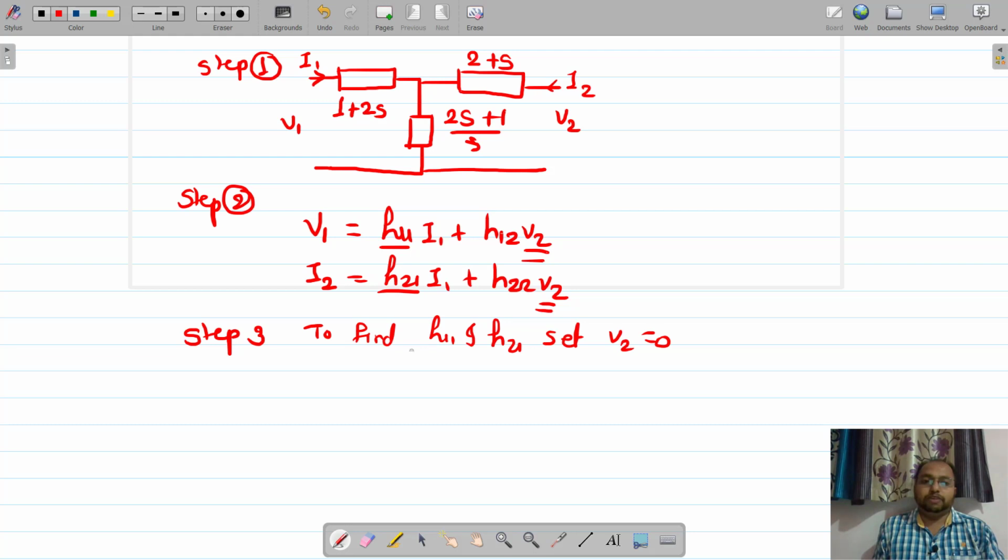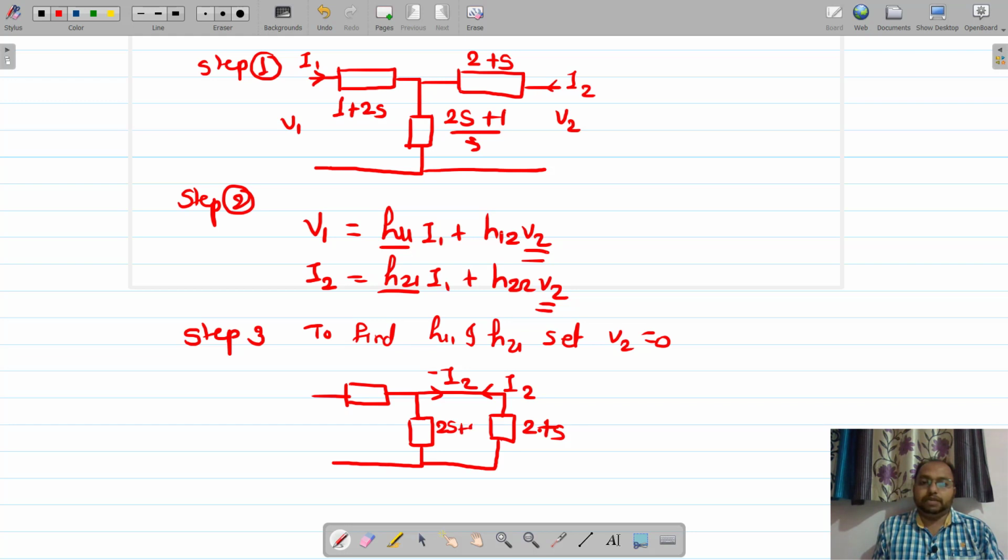The modified circuit diagram will be like this, after making a short circuit at port 2. This is 2 plus S, this is 2S plus 1 divided by S, and this is 1 plus 2S.